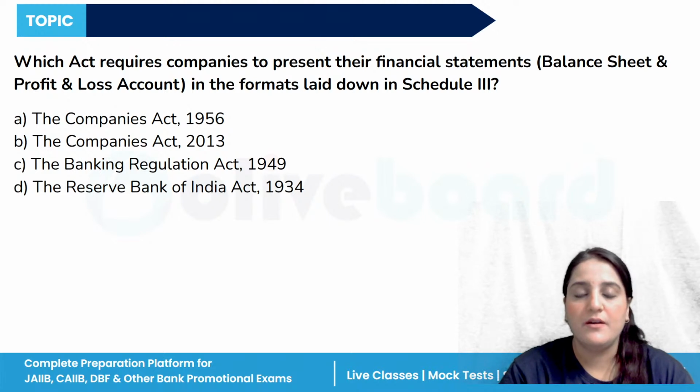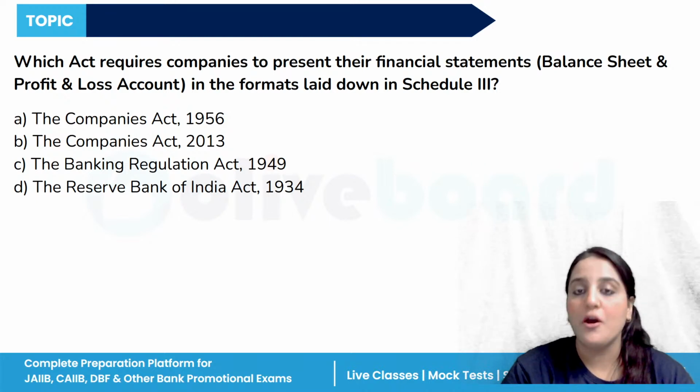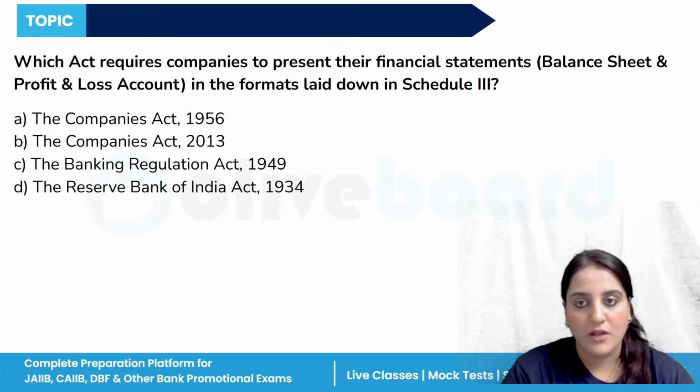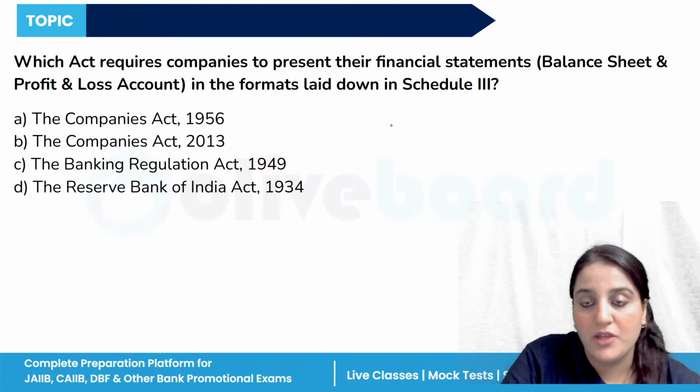The first question is: which act requires companies to present their financial statements, balance sheet and profit and loss account in the formats laid down in Schedule 3? So for this I am going to tell you something about companies.